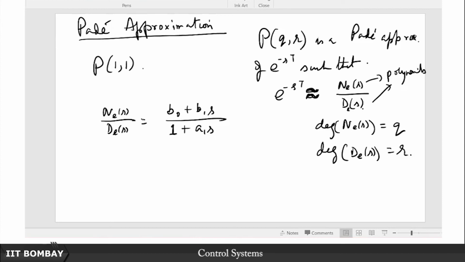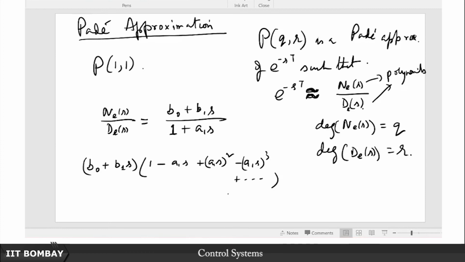Now this can be expanded, if you permit me, in the Maclaurin series using 1 minus a1 s plus a1 s whole squared minus a1 s whole cubed plus so on and so forth.